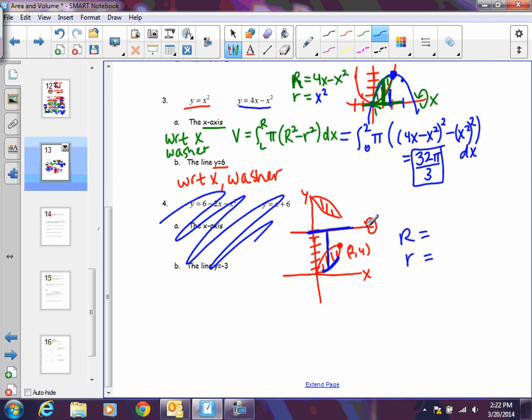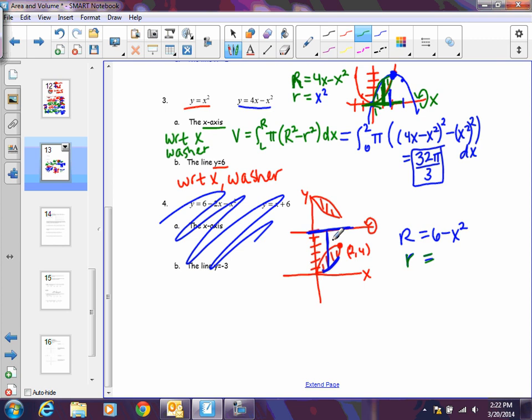The top one, what's that? Y equals 6. I know I'm losing y'all. Y'all are tired. Hang with me here for just a couple more minutes. 6 minus this one was the facing up parabola, which is x squared.